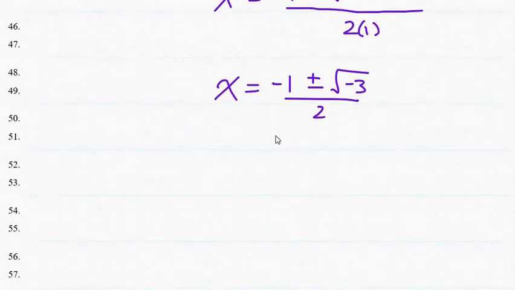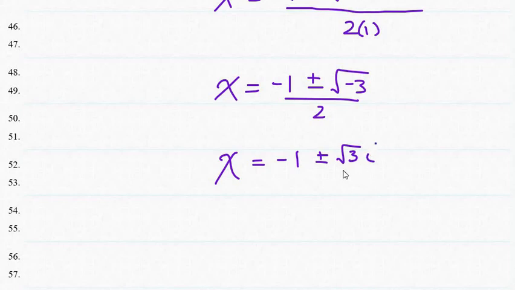This can be rewritten as negative 1 plus or minus the square root of 3 times i, over 2. You can break this up, or leave it with a denominator of 2. We want to get it into standard form, a plus or minus bi.